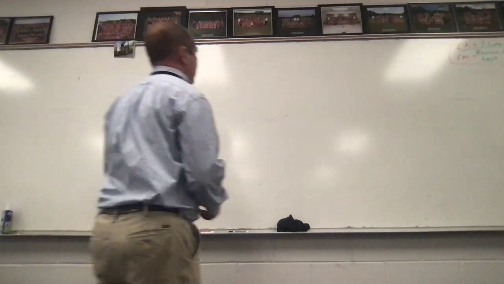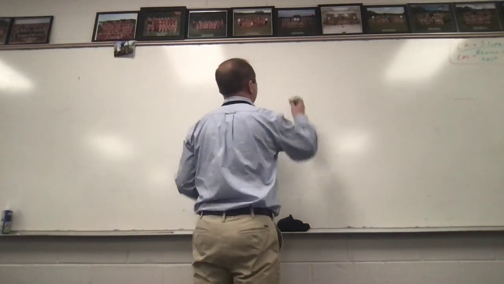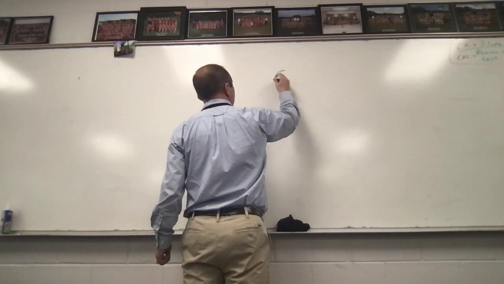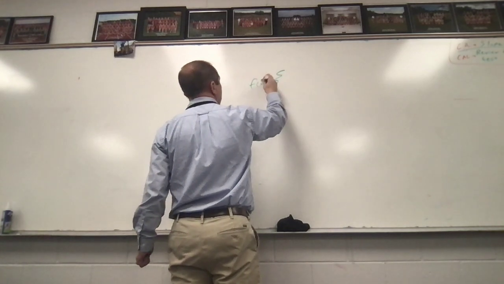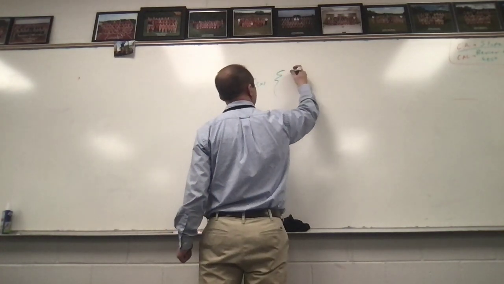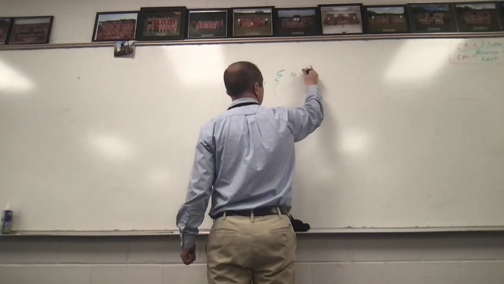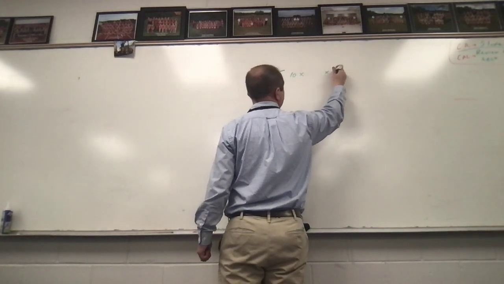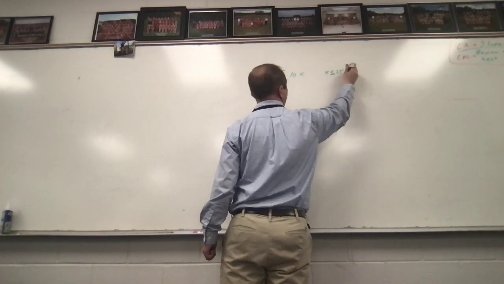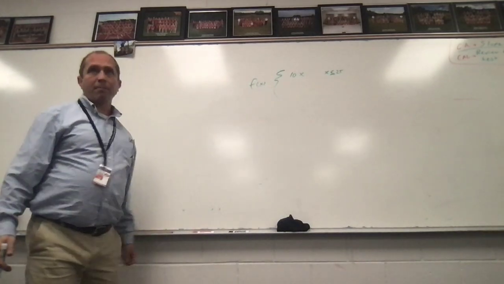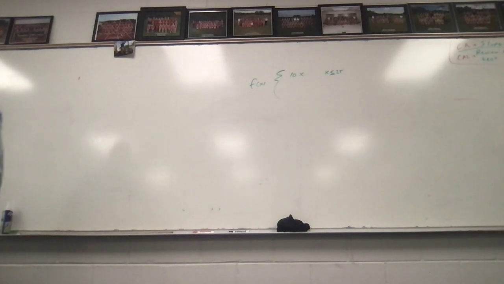Say that you're ordering T-shirts from a company, and when you order the T-shirts, it's going to cost $10 if you order 25 or fewer. So if x is less than or equal to 25, you're going to be paying $10 per shirt.